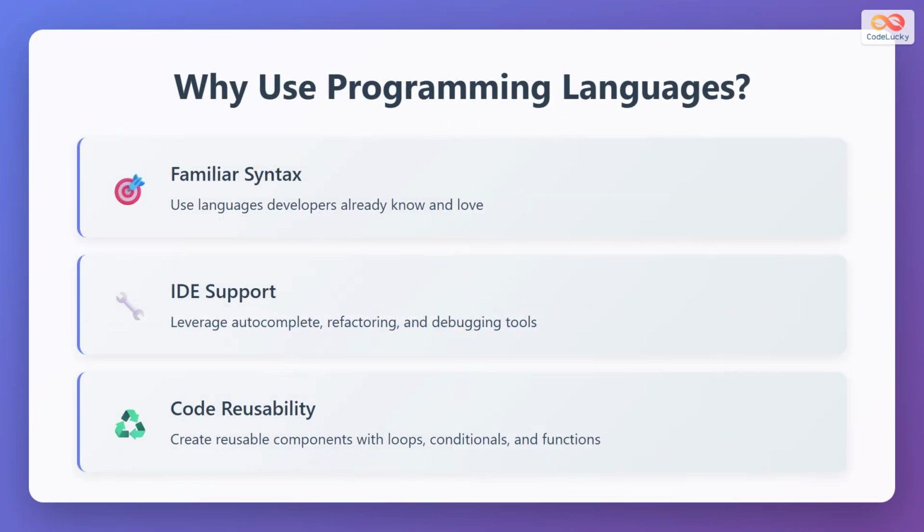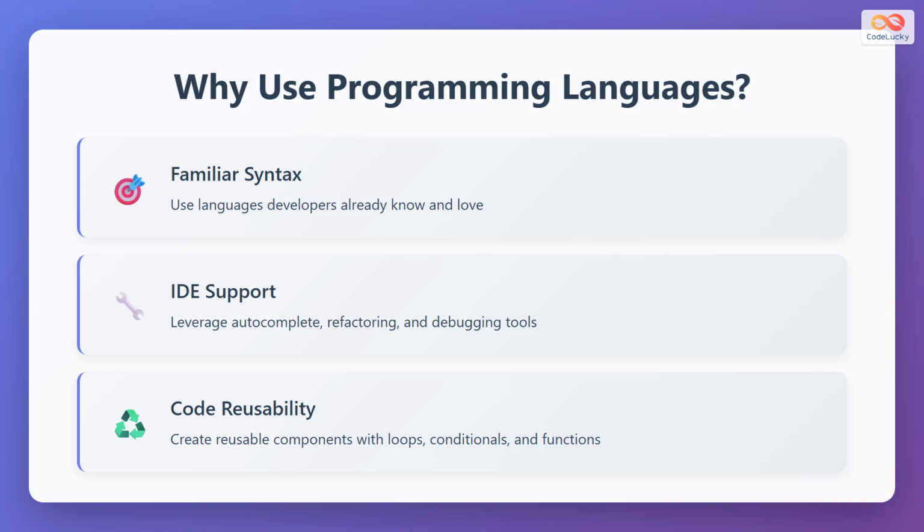Using programming languages for infrastructure brings powerful advantages over traditional configuration files. First, familiar syntax means developers can use languages they already know and love, reducing the learning curve significantly. Second, IDE support allows you to leverage tools like autocomplete, intelligent refactoring, and debugging capabilities that modern development environments provide.